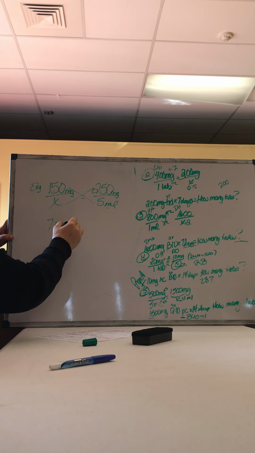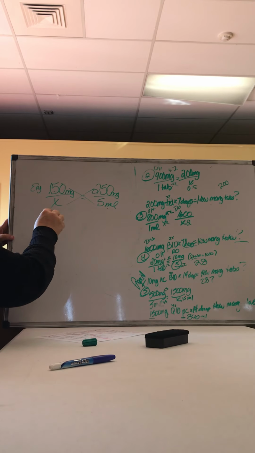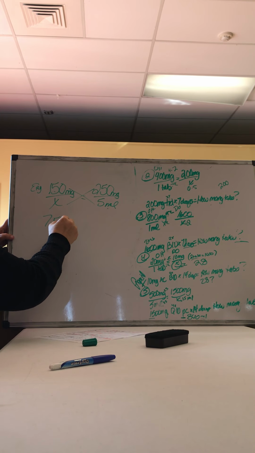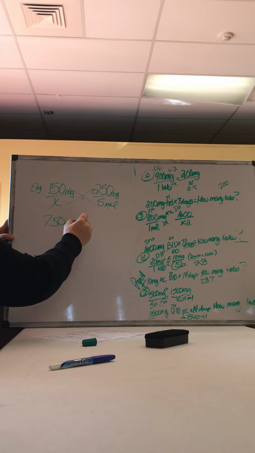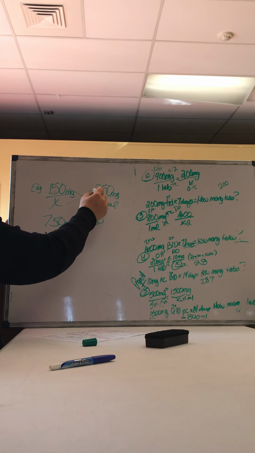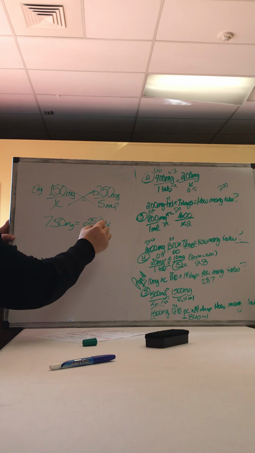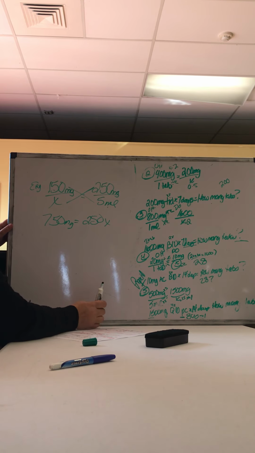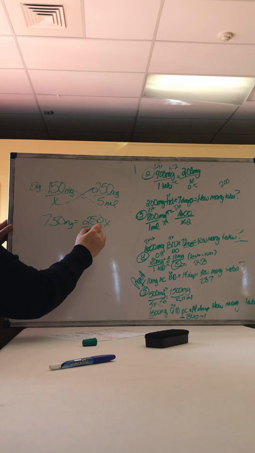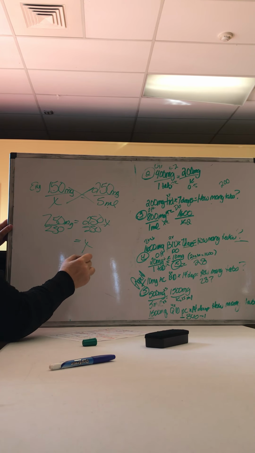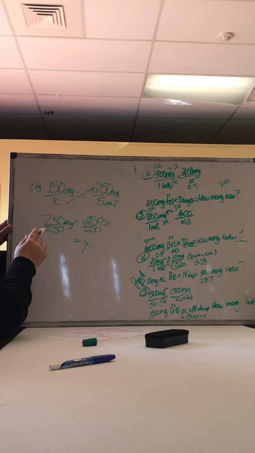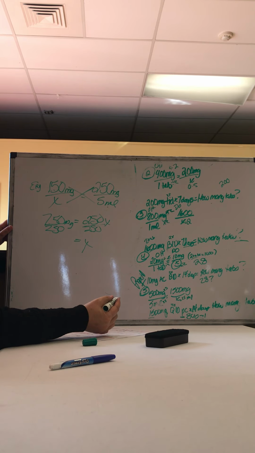So now we know we got 750 milligrams times 250x. You got to put them two together. And then to finish this problem out, we just divide by 250. Put 250 on both sides. That's going to give us our answer. So what's 750 divided by 250? You probably know that out your head.